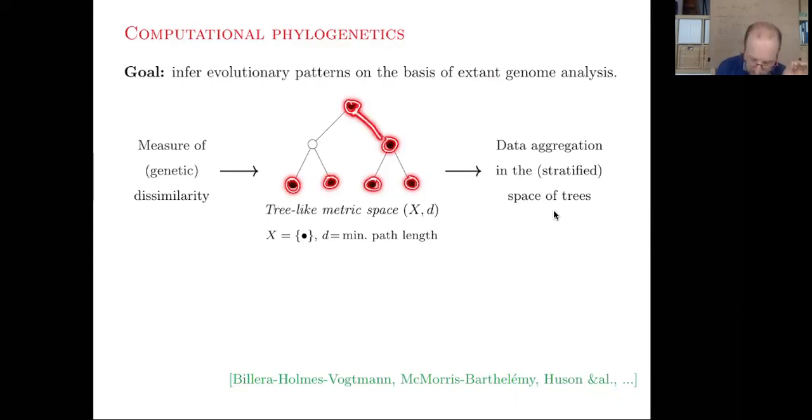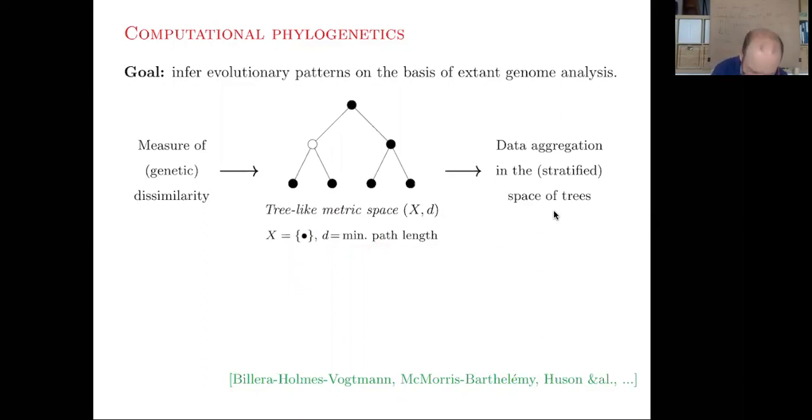These two are more similar than these two. So in mathematical terms, we have a metric space: a set of occurrences of a gene across species, and the genetic dissimilarity is the distance.